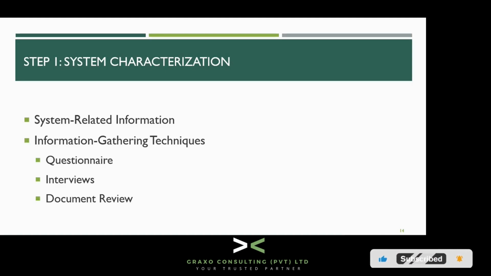Now coming on to the information gathering techniques. There are 3 types of information gathering techniques that we can use to process the system characterization step. One of them is the questionnaire. For the questionnaire, we want to collect the relevant information.